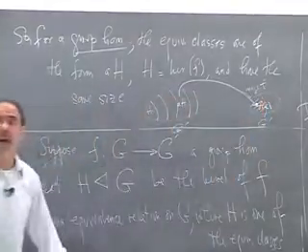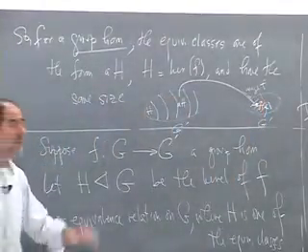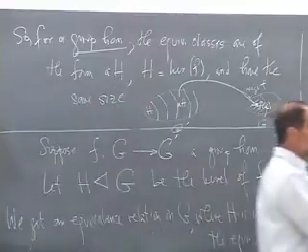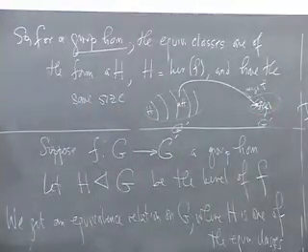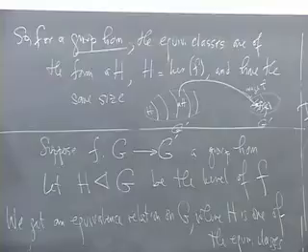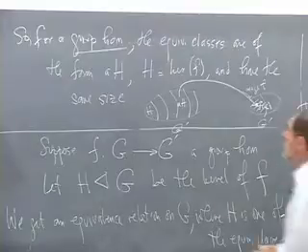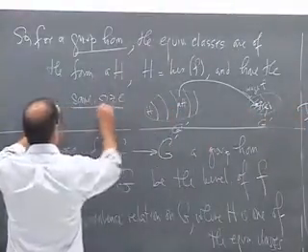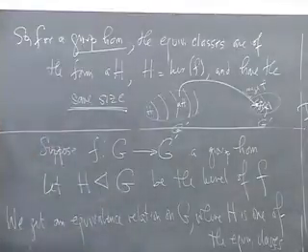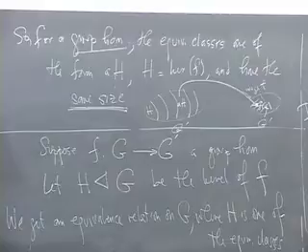Now that's not true of maps of sets. I could have a map of sets where I could take the n element set to the 2 element set, right? So let's do that. Let's just see that this is unusual, that the different equivalence classes have the same size. I could have the map of the 3 element set to the 2 element set that took this element to this and took these 2 elements to that.